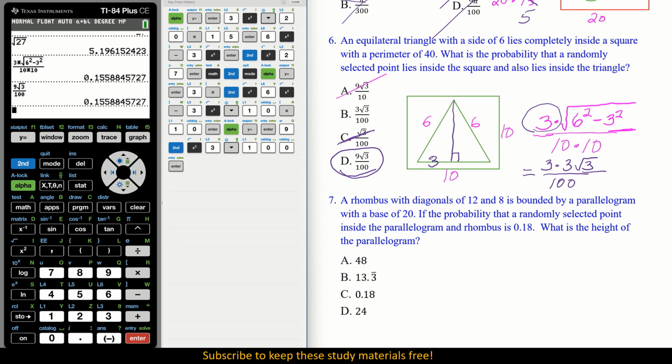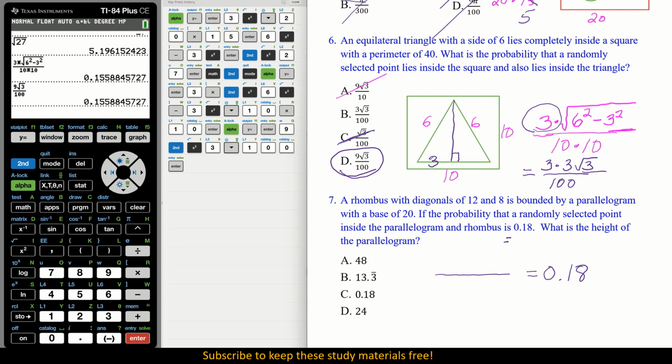Okay. First off, we're saying this is what it's going to equal. So over here, I'm going to put my 0.18. Now, it's the same part over total. But we got a glitch. So let me set up.